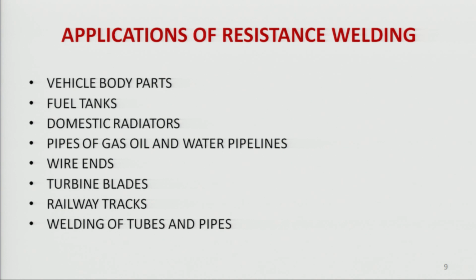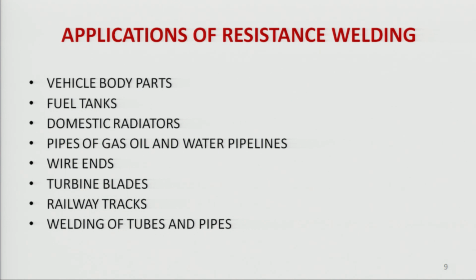Fuel tanks, any type of fuel tank you are making which is thin in size, where you have to store fuel or something else, can be an application of resistance welding.